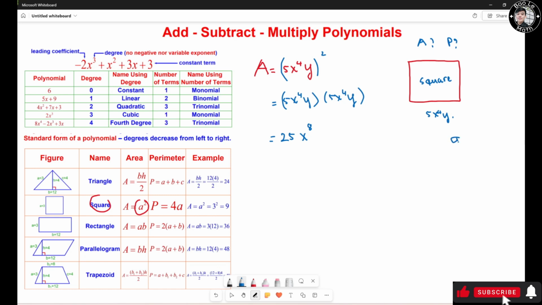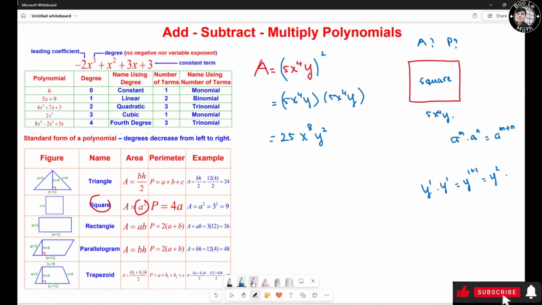The formula we have is a to the m times a to the n is going to be a to the m plus n, right? Now y times y is going to be y squared, because y to the power of 1 times y to the power of 1 is y to the power of 1 plus 1. It's going to be y to the power of 2, right? And this is the final answer, right?